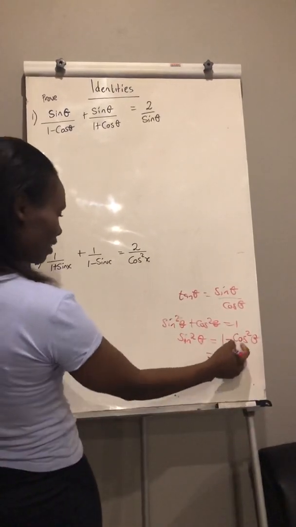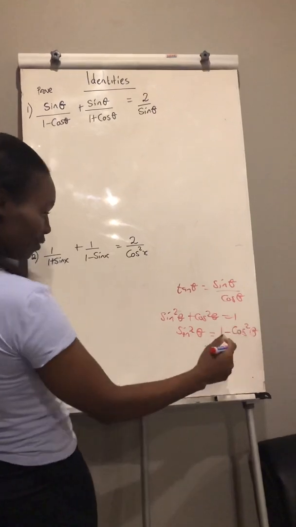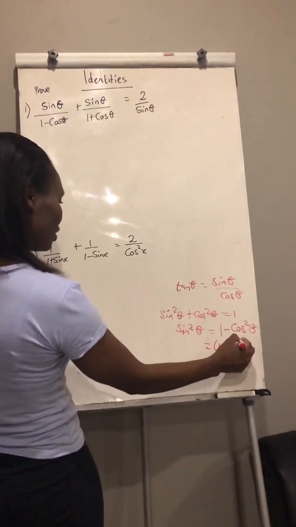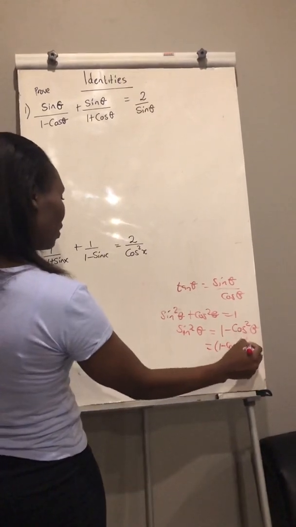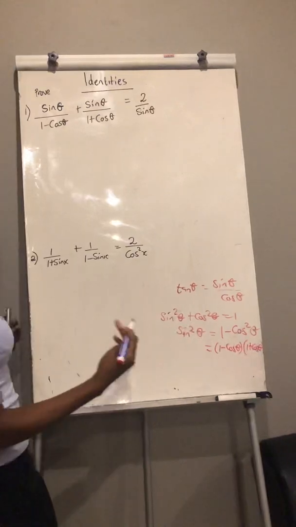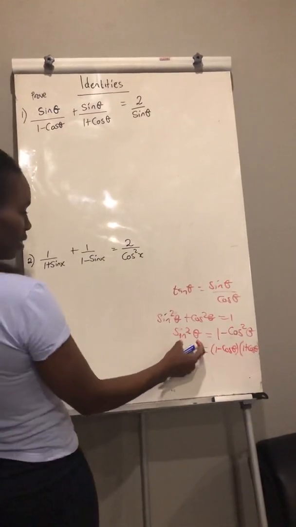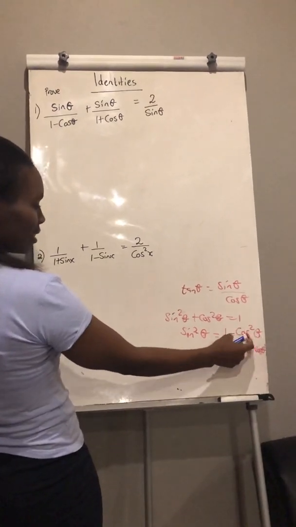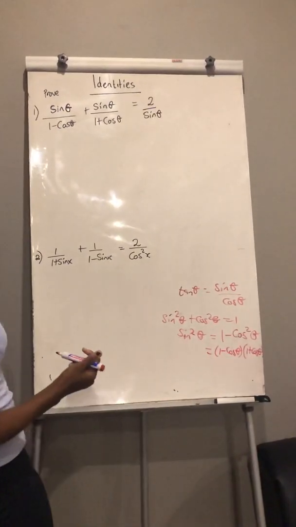Notice how this side can also be seen as a difference of two squares, and you can write it as 1 minus cos theta multiplied by 1 plus cos theta, like this. So depending on the situation you find yourself in, you can express sine squared theta as that, or you can express these brackets as that, which will then be equal to sine squared theta.